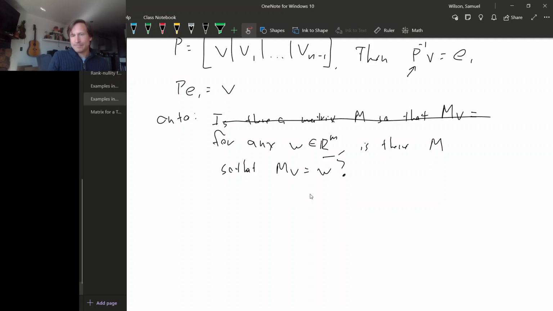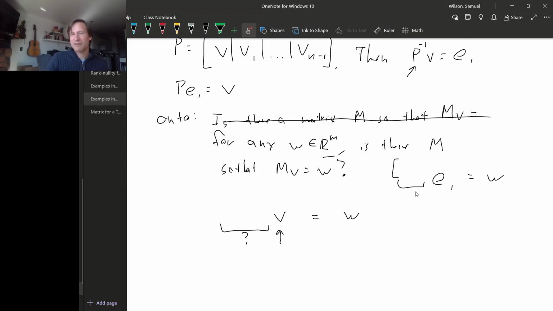So what we need to do is come up with some matrix here so that this product works out to be W. Well, having V here is a little annoying. If we had E1 here instead, it would be easy to come up with the right sort of matrix.